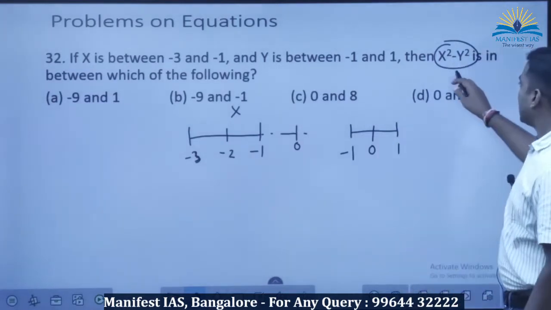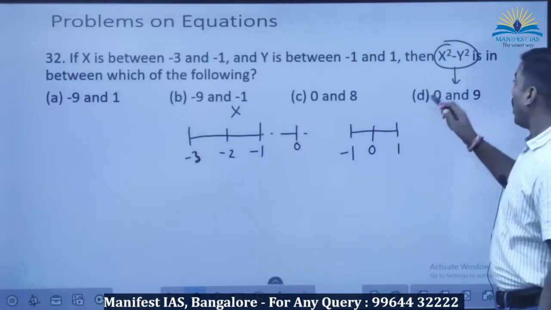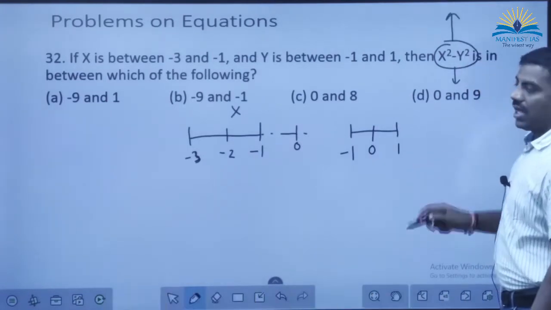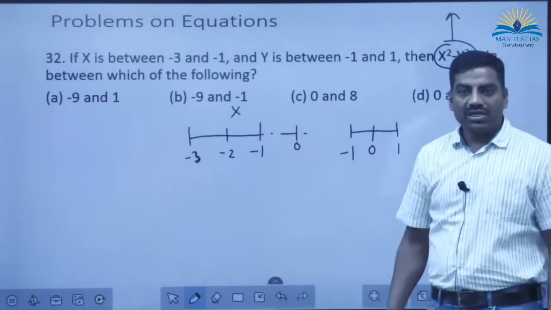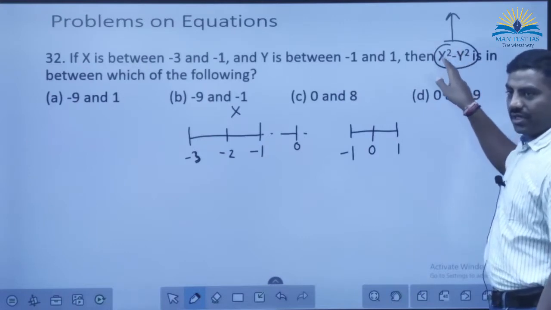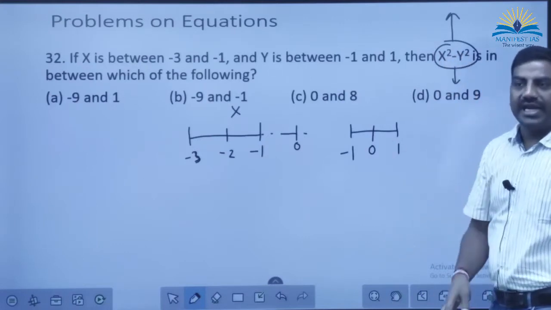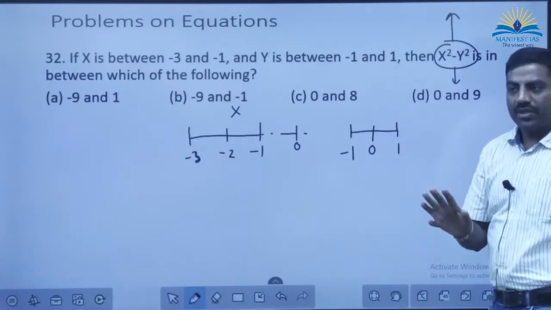Now they are asking, then x square minus y square is in between. See, x square minus y square, it will be having one maximum value and one minimum value, correct? Since both are squares here, you take any positive number or any negative number, when we make the square, it is going to be positive only.